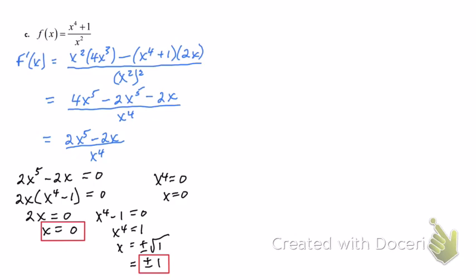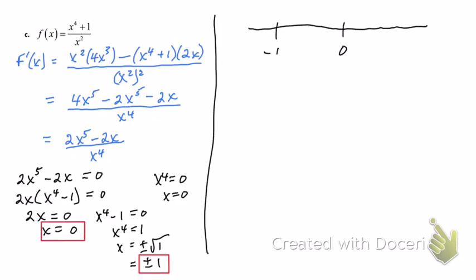What's our function going to do? What's our derivative doing? Is it defined? Yeah, you'd have 0 over 0. So something's going to infinity somewhere, I'm guessing. So divide our line here with our 3 critical numbers.